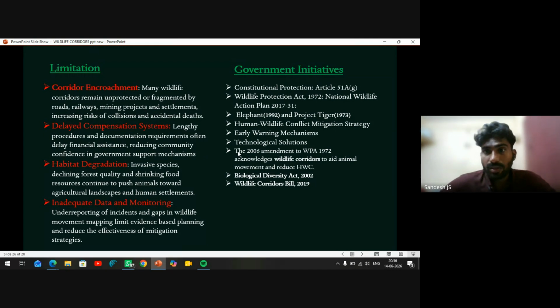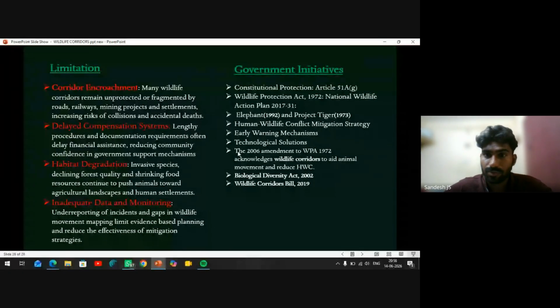And what are the government initiatives in the wildlife corridor? Article 51A of the Constitution states that every citizen should improve and protect nature. The Wildlife Protection Act is the legal framework for protection.